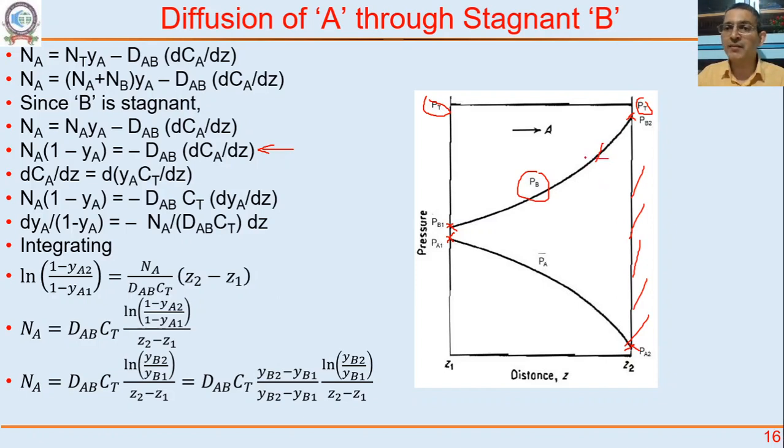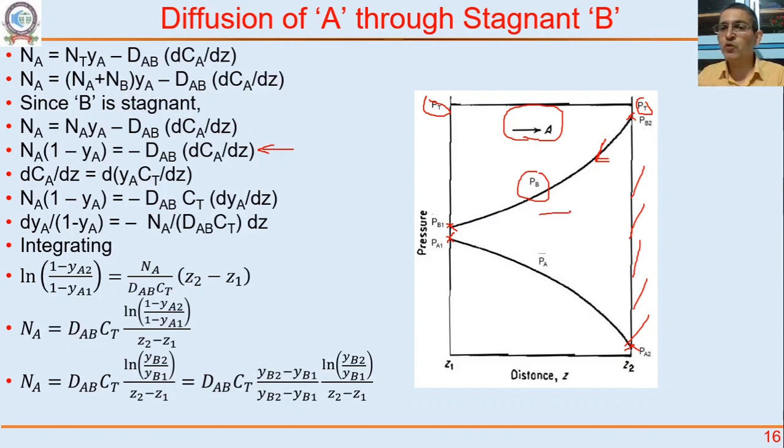That leads to diffusion of B, but there is a net transfer of A, which is a bulk motion. B will be carried towards the wall where the reaction is happening by that bulk motion.